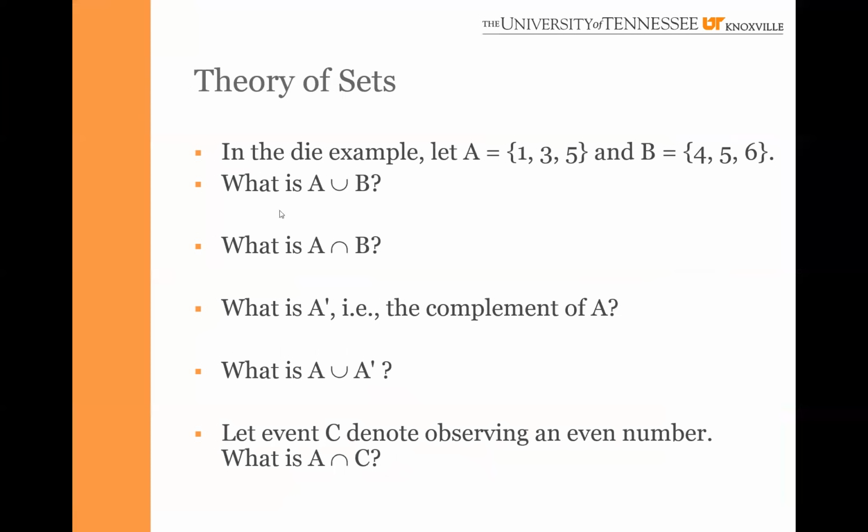All right, let's go through this very quickly. In the die example, let's say A is observing 1, 3, or 5, and B is observing 4, 5, or 6. What is A union B? Let's go row by row. First, I'm feeling bad for putting you on the spot because you're the sole person on the first row. But let's see. You can pass.